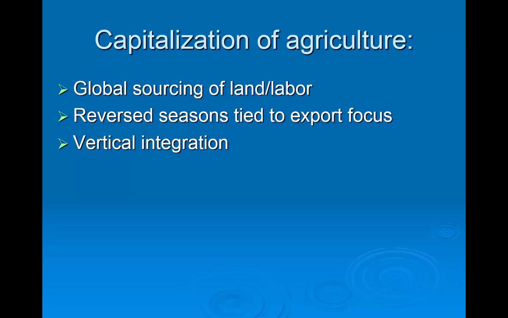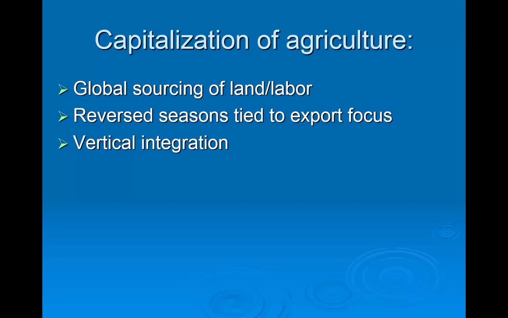So just as multinationals specialize in manufacturing through global sourcing, agriculture has followed the same path, looking for low labor costs, looking for year-round supplies of seasonal crops, and in some cases avoiding labor and environmental regulations.